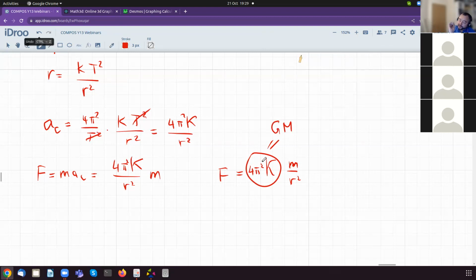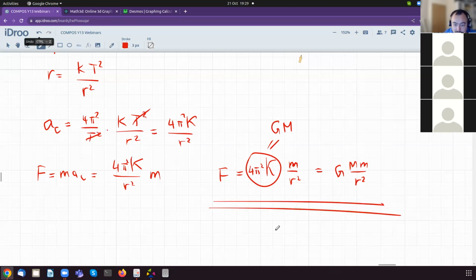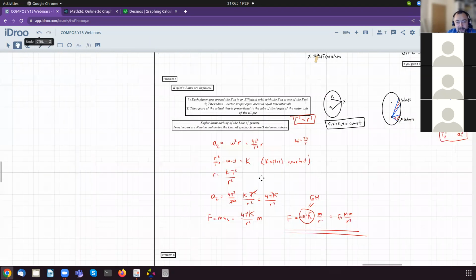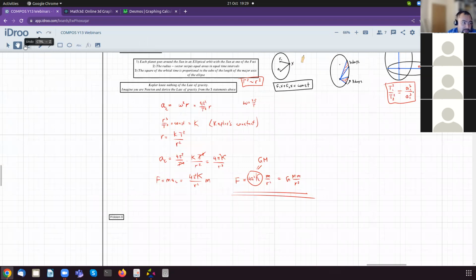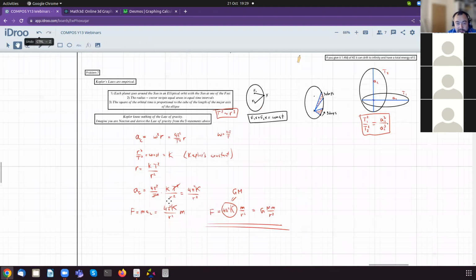It's the same constant for every single planet of the solar system. And we have GM over r squared. This is how Newton came up with this law, which at that time was a breakthrough: the universal law of gravity.